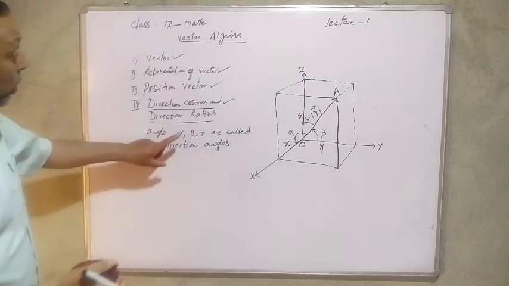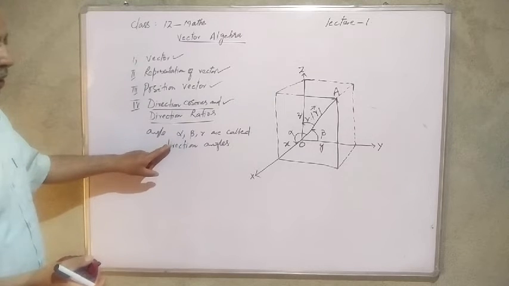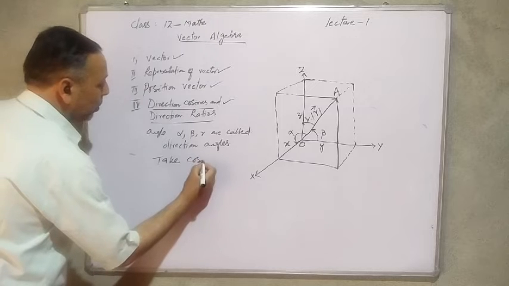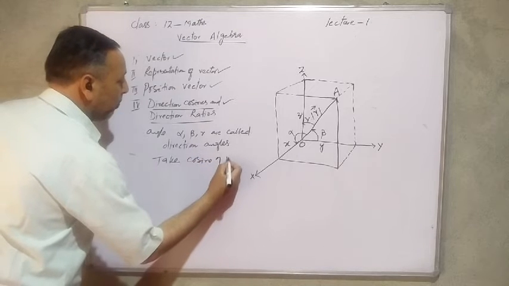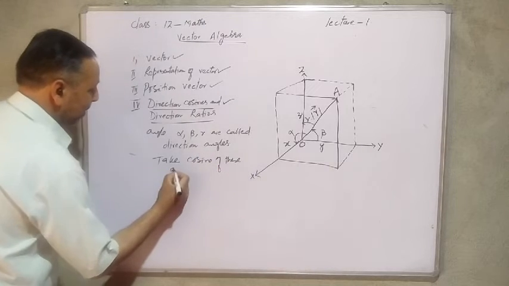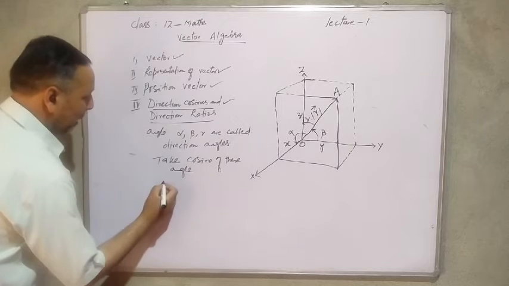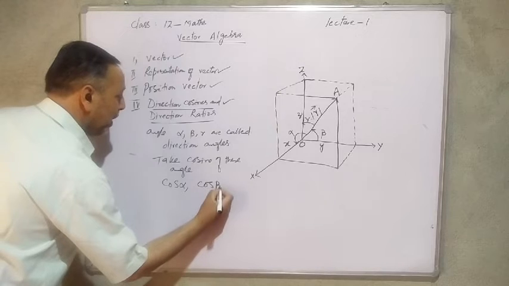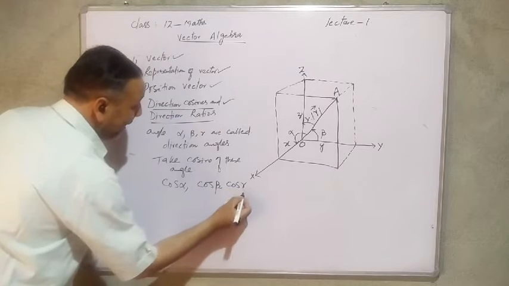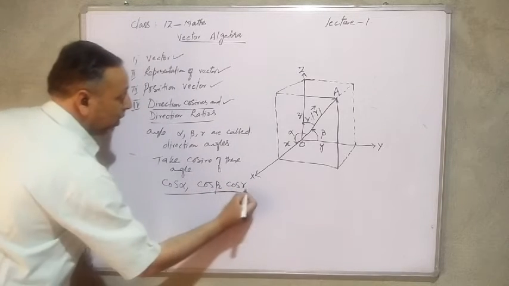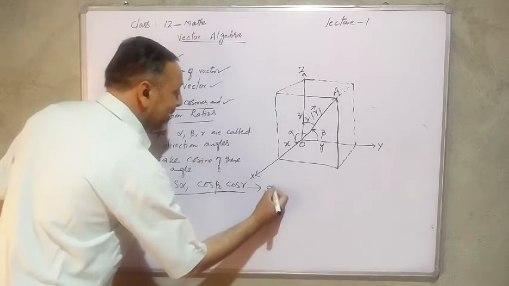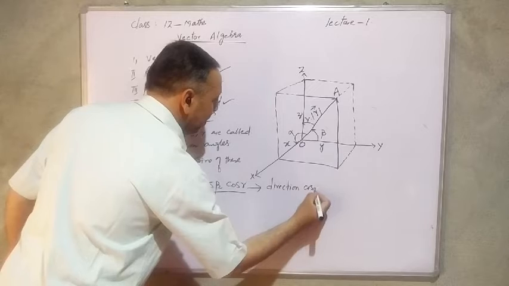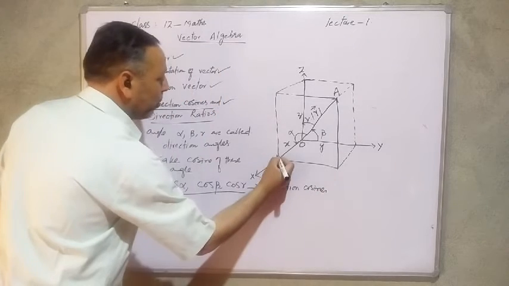And when we take the cosine of these angles, we can write cos alpha, cos beta, and cos gamma. Then these cos alpha, cos beta, and cos gamma are known as direction cosines.